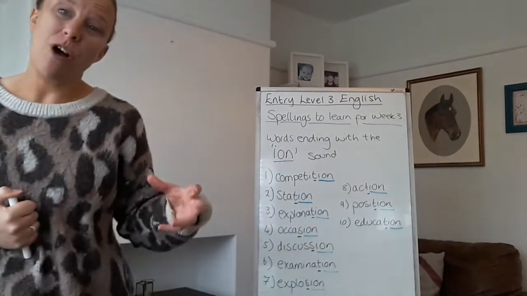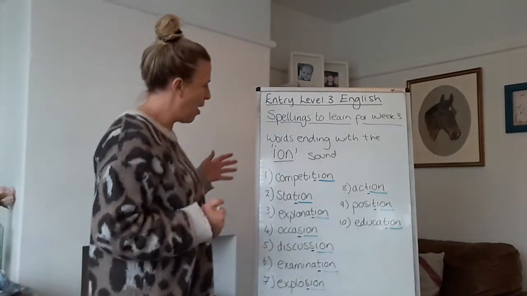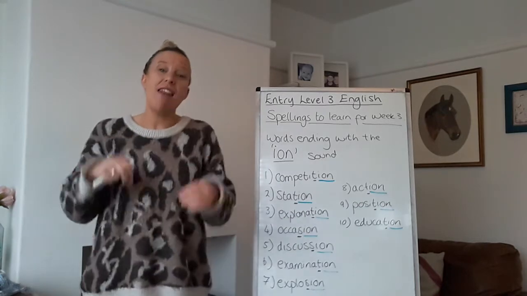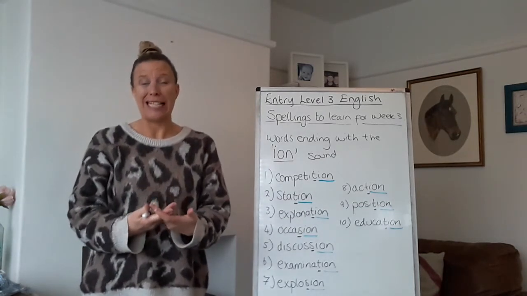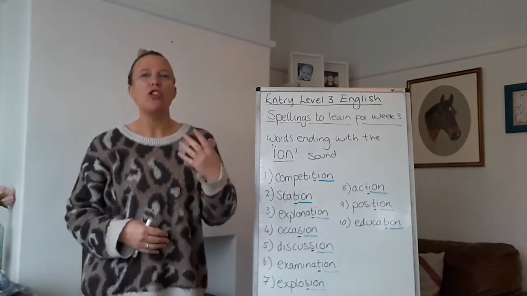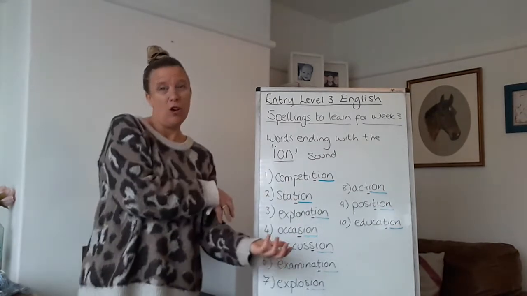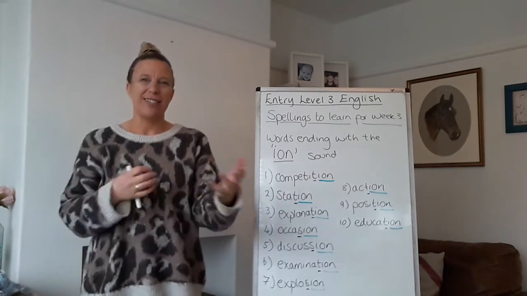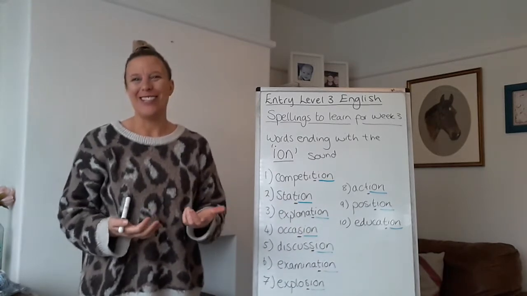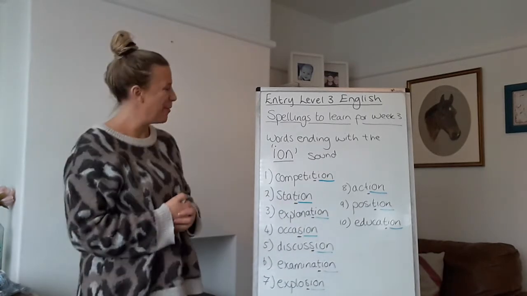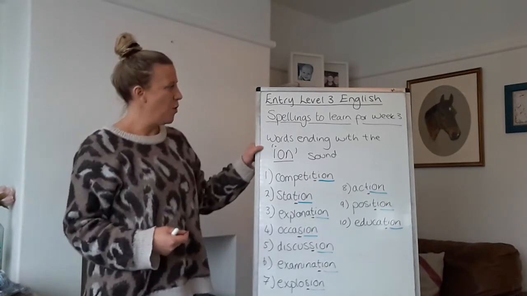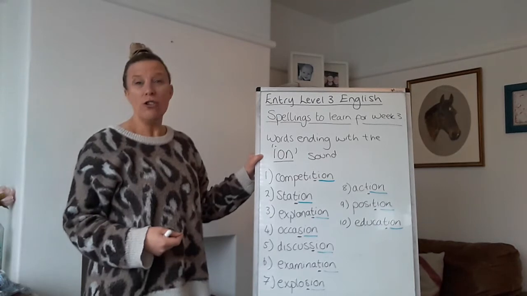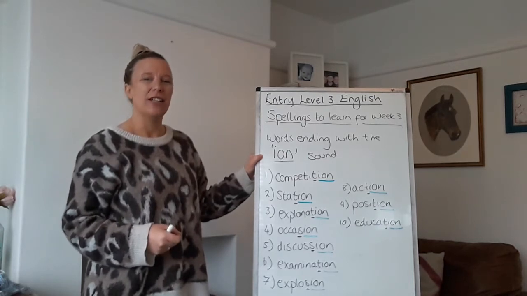Okay, so I've got 10 words up on the board for you for this week that you need to learn, ready for your test next week. Every week you'll have a spelling test, and every week you'll have new words or a selection of the old words and some new words, depending on how well you do with the spellings. The spellings to learn for week 3 are words ending with the shun sound, I-O-N.